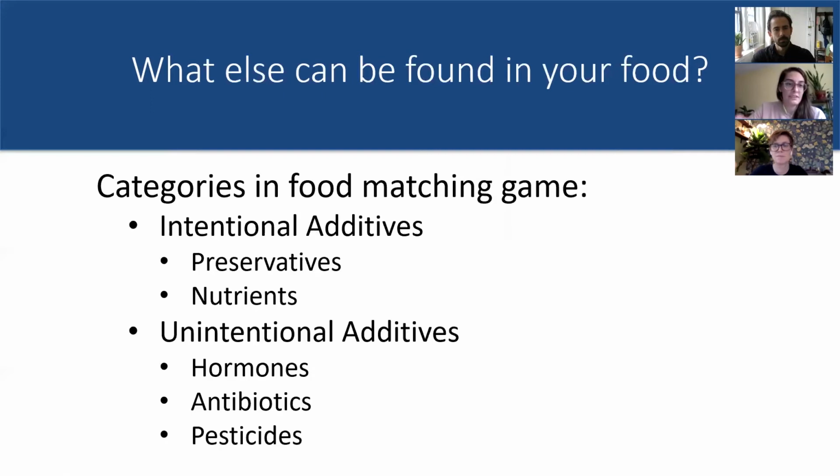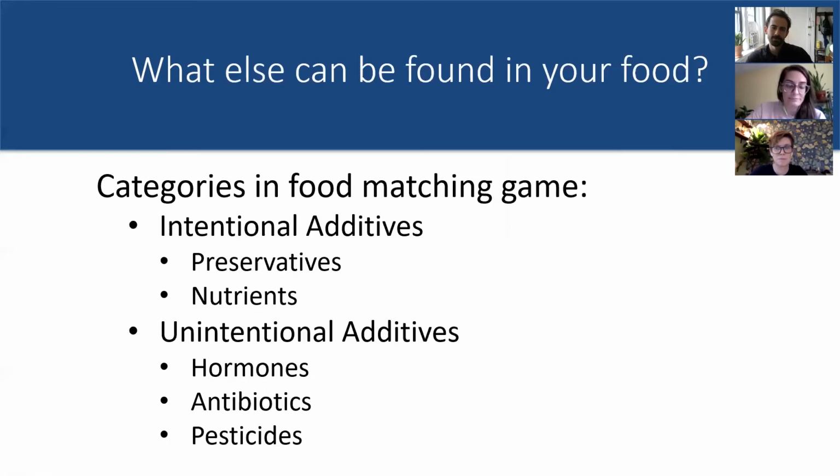So obviously they are intentionally added to the food. And the second category is, of course, unintentional additives. These include hormones, antibiotics, and pesticides. And these are contaminants or other compounds that have somehow found their way into our food despite careful practices in food processing.